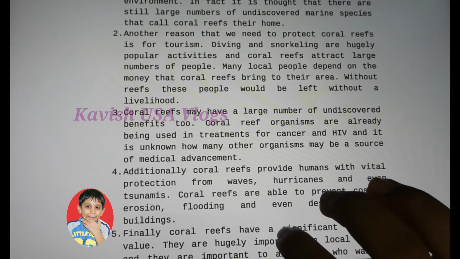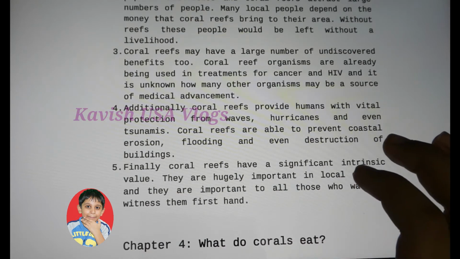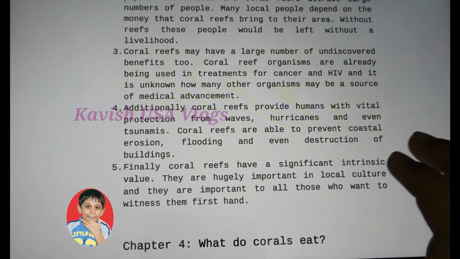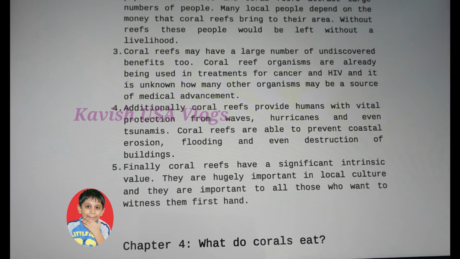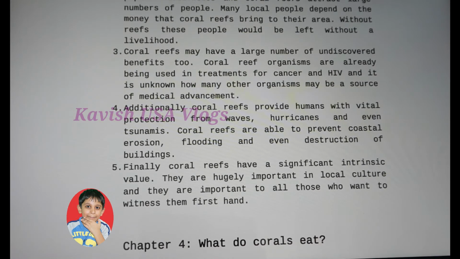Okay, number 4. Additionally, coral reefs provide humans with vital protection from waves, hurricanes, and even tsunamis. Coral reefs are able to prevent coastal erosion, flooding, and even destruction of buildings.